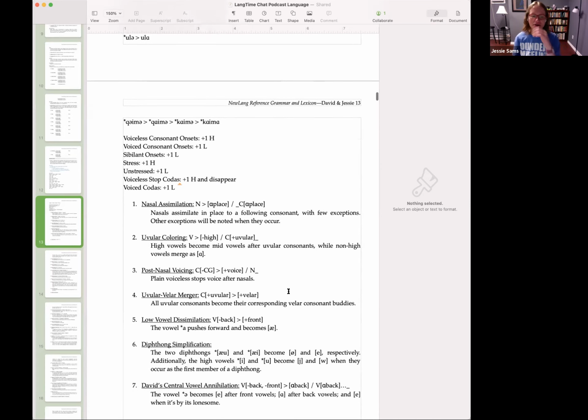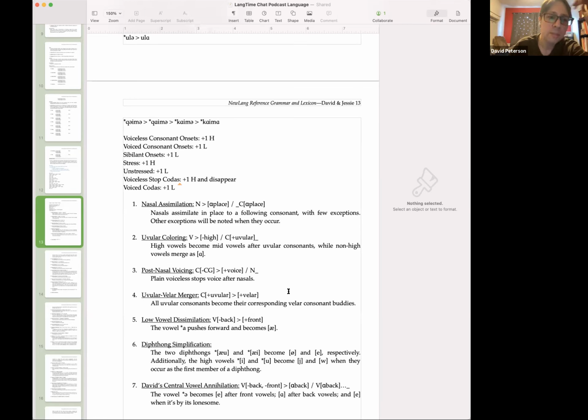Okay, so all of this sounds good for me. Good. Where do you want it to come rule-wise? Let's take a look. Nasal assimilation, uvular coloring, postnasal voicing.